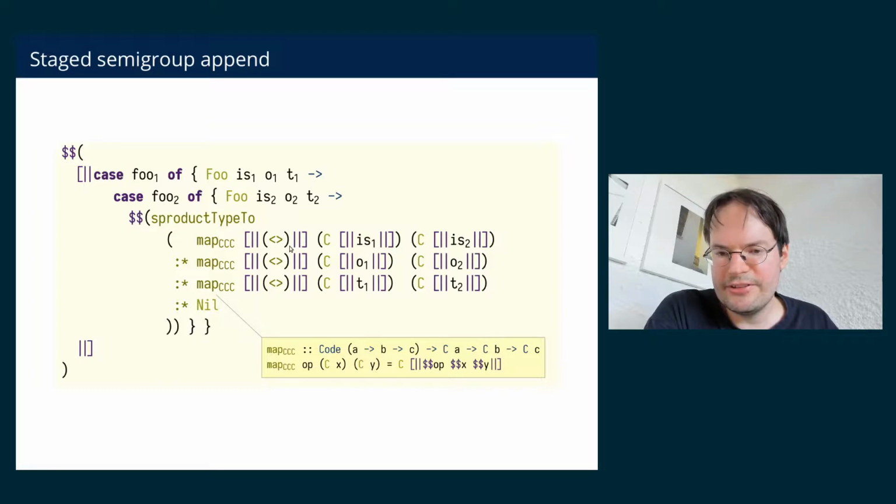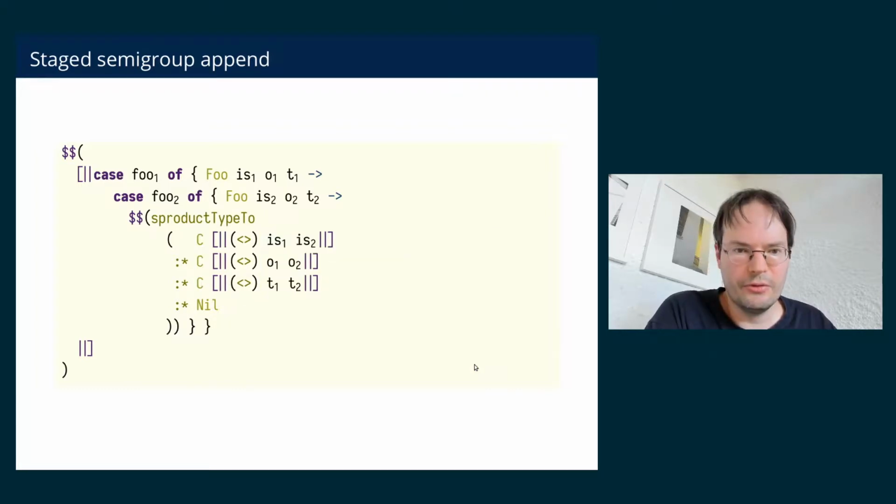And map CCC is like map III, just a helper function that helps you to combine two C values into a new C value by applying the operator in a sufficiently quoted and spliced way. So we get the code representing the application of the diamond operator to the three components.